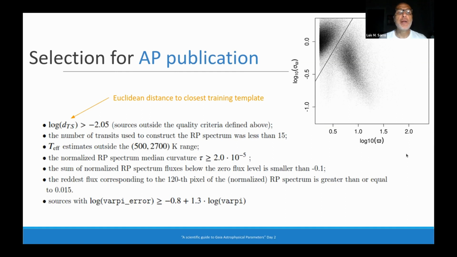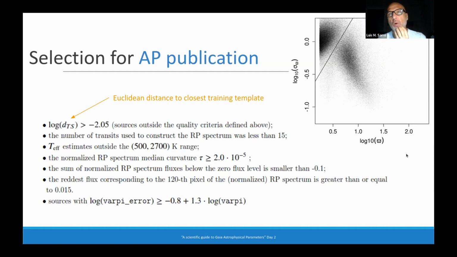We also required that the normalized RP spectrum had a median curvature of less than 10 to the minus 5. As you probably know, there is the transformation from the basis coefficients into an RP spectrum, flux versus wavelength.